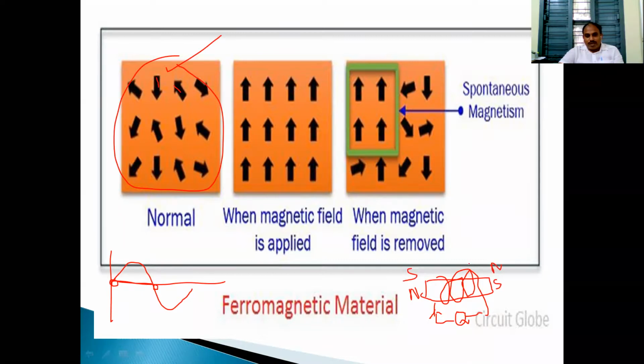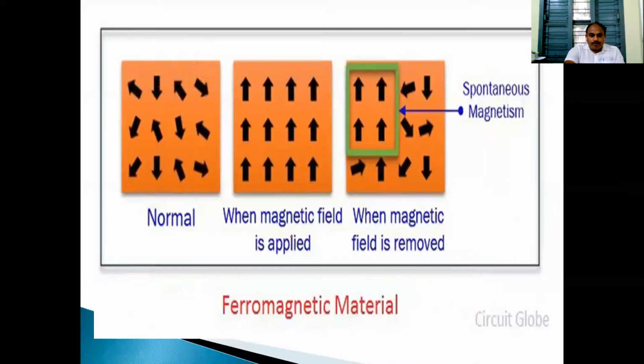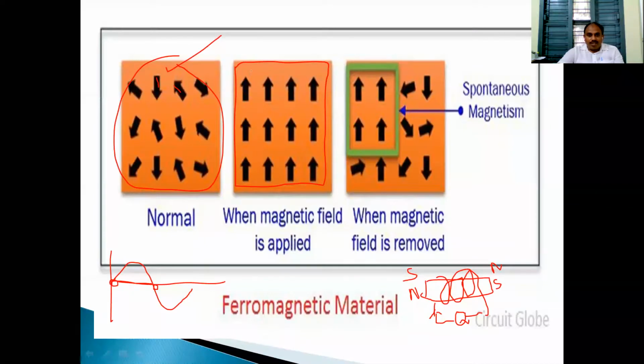So this is the molecule arrangement for one cycle. For the other cycle, the molecule directions reverse, meaning the opposite direction is there. So the arrows are arranged in this manner.